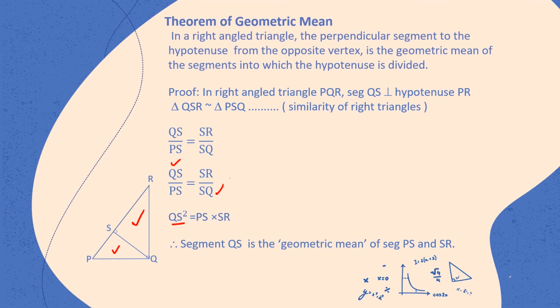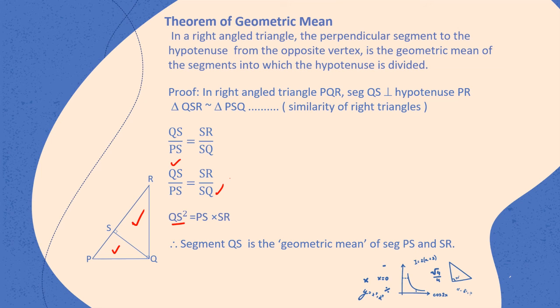This one also is an important theorem for you to remember. The formula is very easy. It says that for the altitude drawn to the hypotenuse, the square of the altitude is equal to the product of the two segments SR and SP.